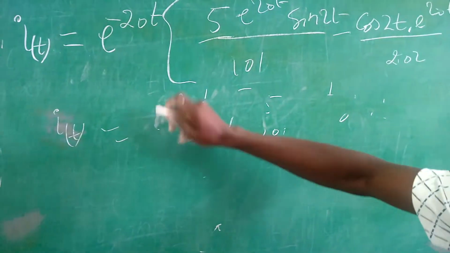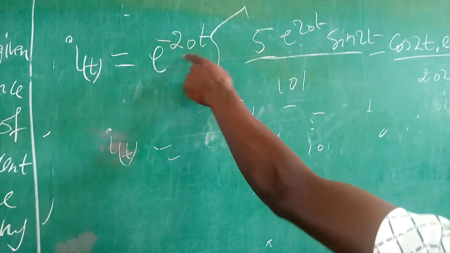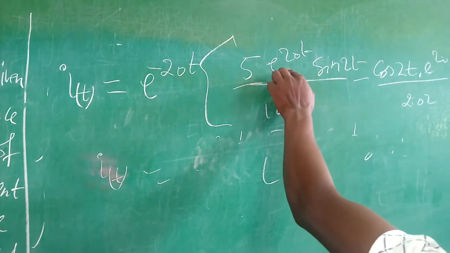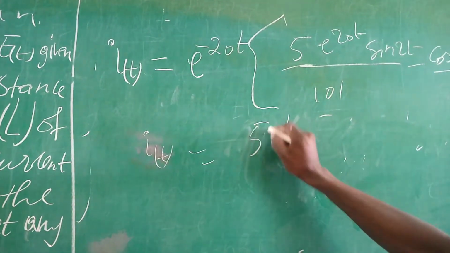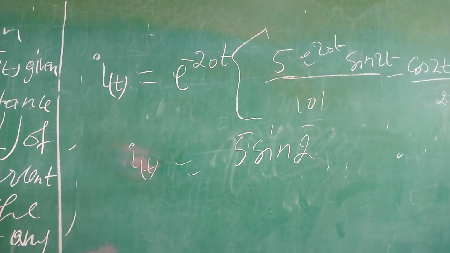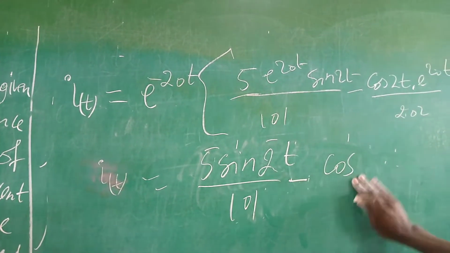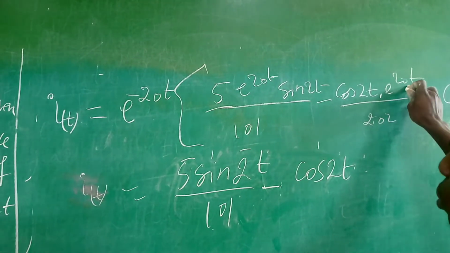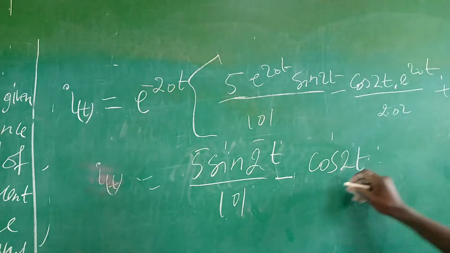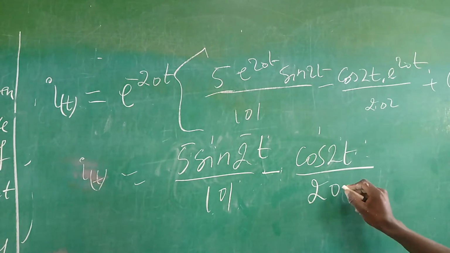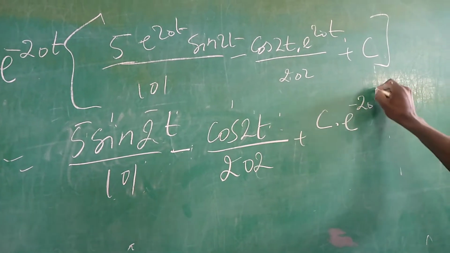Let us multiply this out: e^(-20t) times e^(20t) gives e^0, which is 1, because 20t minus 20t is equal to 0. So we remain with 5 sine 2t over 101 negative cosine 2t over 202 plus c times e^(-20t).